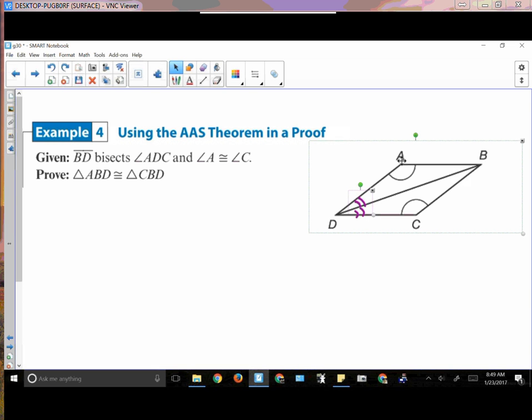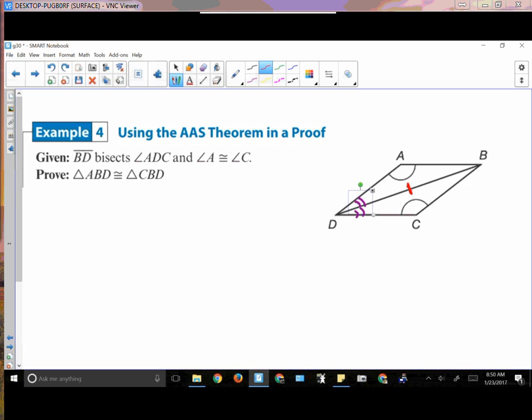Do I know a side that's on both triangles that's the same length? BD, yeah, most definitely. When we look at these things in that idea of reflexive, we have to think that BD is a side that is on both triangles.